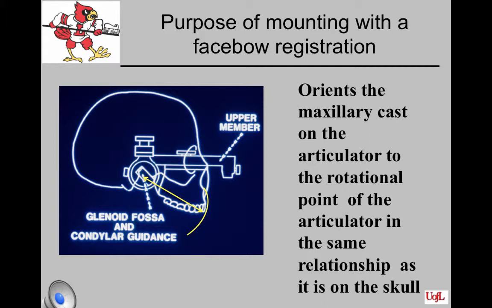The place on the articulator where you place your Facebow apparatus is 11 millimeters posterior to the rotation point of the articulator. This rotational arc is important when you're doing full mouth or full anatomical occlusion. It's important for adjusting the occlusion on the distal and mesial inclines of the cusp.